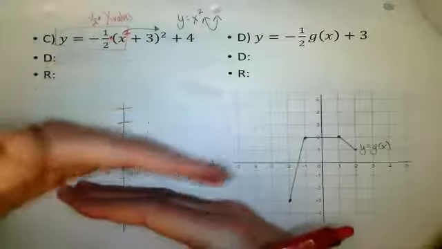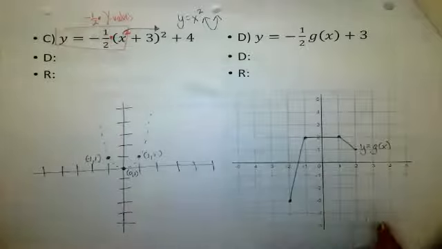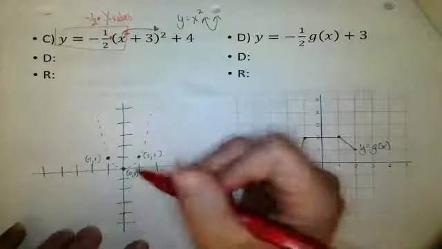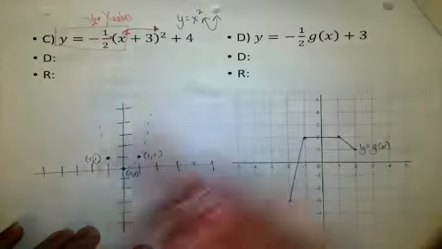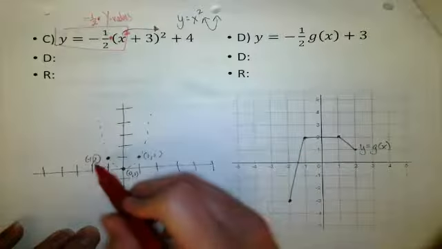It makes those y values shrink, which has the effect of making it fatten out. Like when you take a ball of Play-Doh and smush it, it gets wider, right? That's what's happening here. So let's look at these y coordinates. Negative 1, 1, we're going to multiply by the negative 1/2. So what's 1 times negative 1/2?